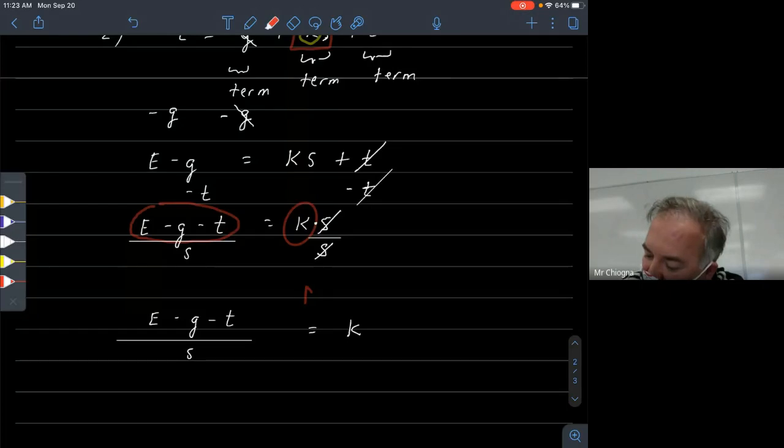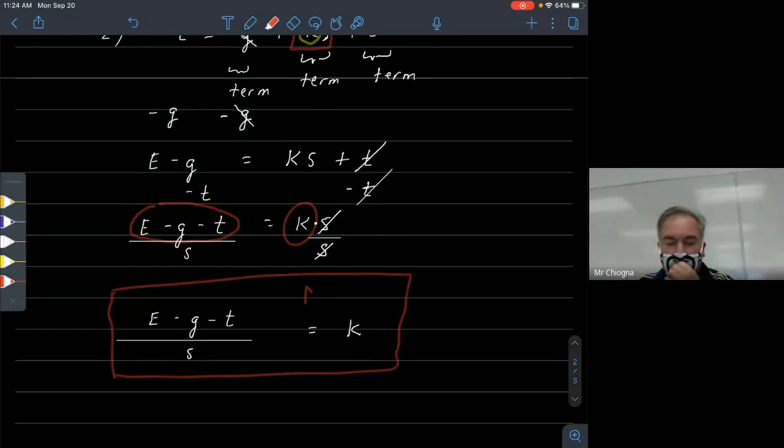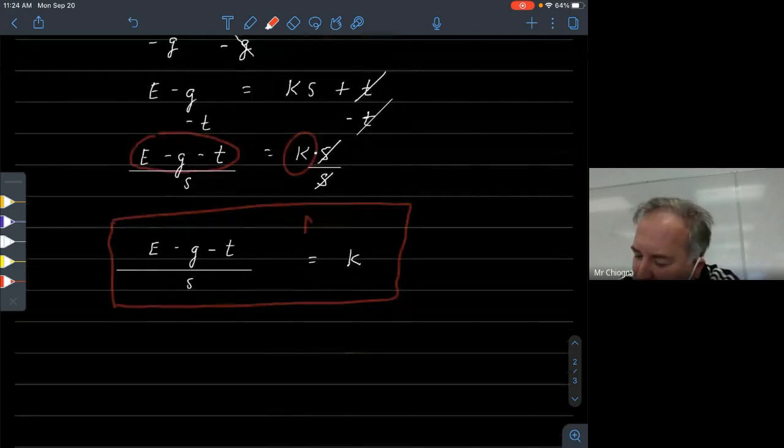Solve for it. This is just algebra, except you're now using different letters instead of x and y. Let's try this out.